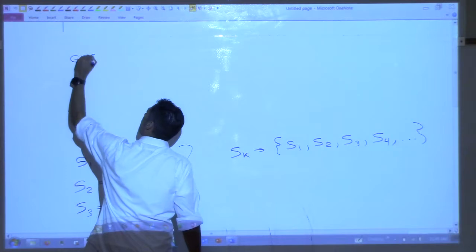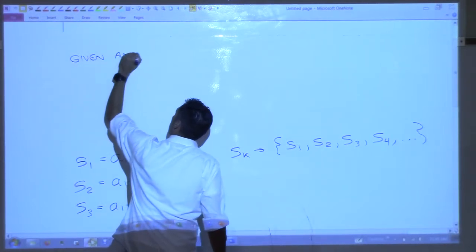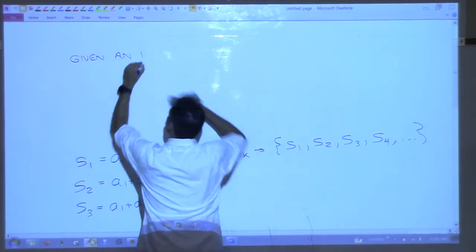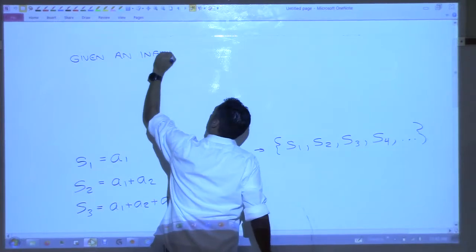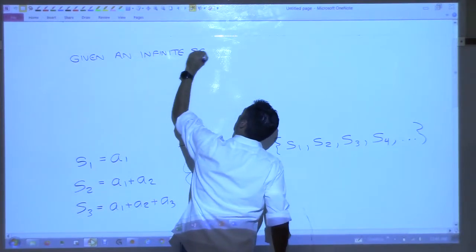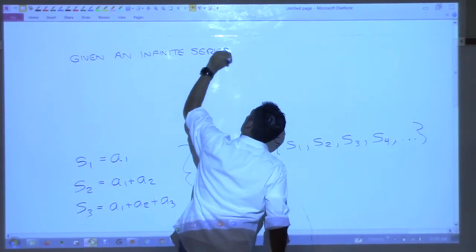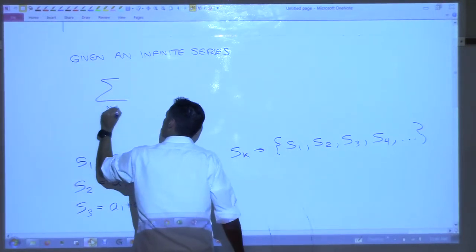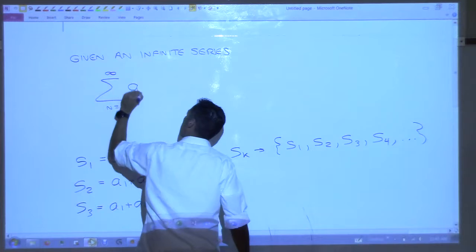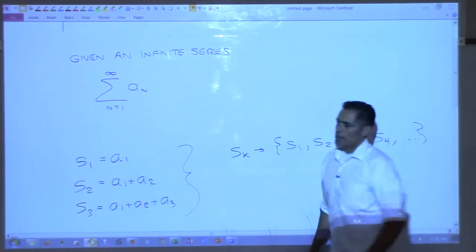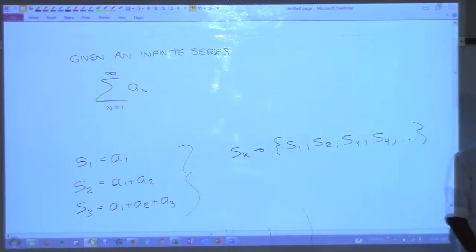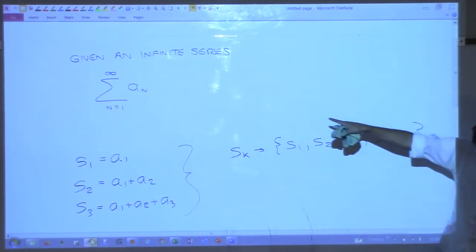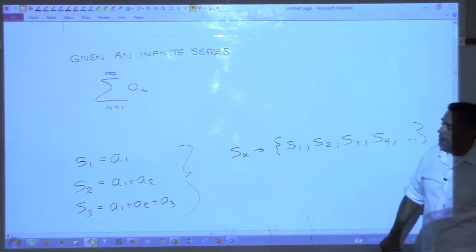Given an infinite series, the sum from n equals 1 to infinity of a sub n. That's where we started this whole topic, right? Let's add up everything in a sequence, all the numbers in a sequence. Let's say we're given that.